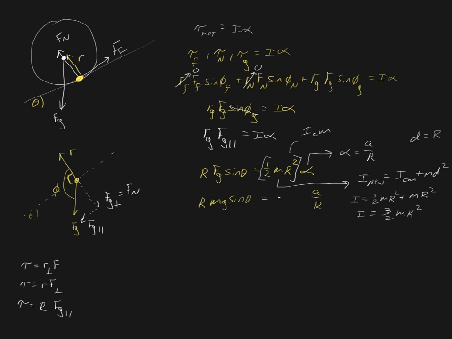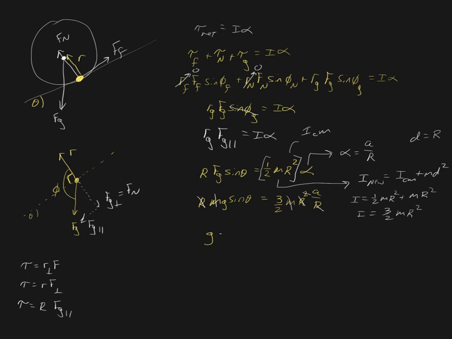So we have 3/2 mr squared a over r. We'll cancel this r with that r, this one with that one, that mass with that mass, and by now I think you could probably see we have the same result.